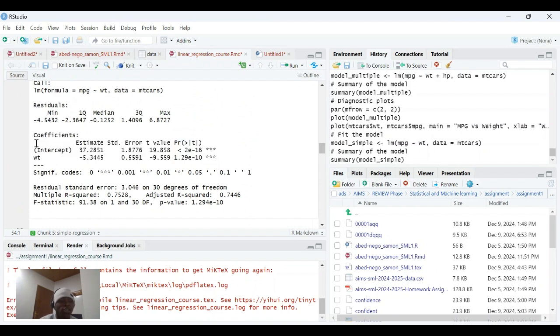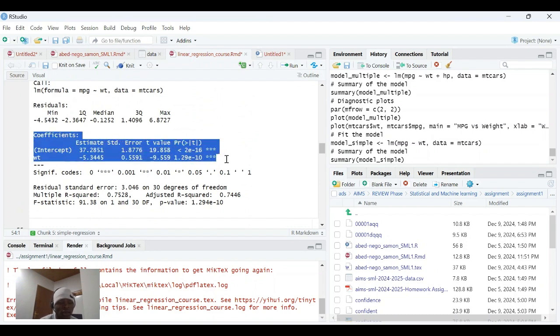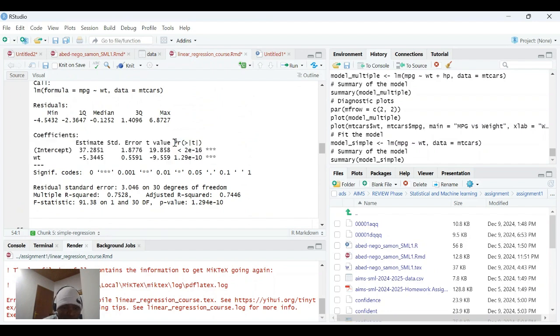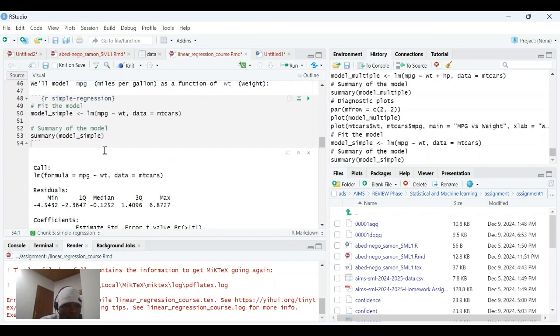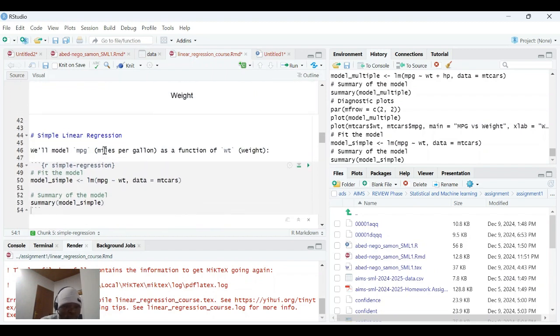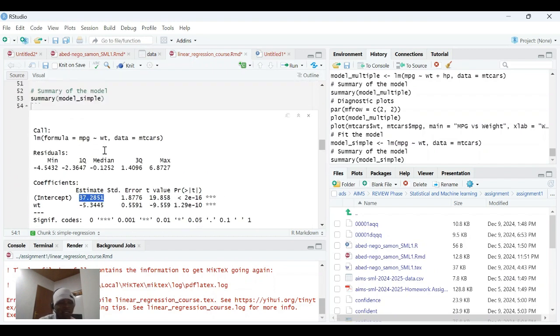Let's look at the estimate. You see 37.28. What does this mean? This coefficient means that when the weight is zero, when we have no weight, the value of MPG is 37.28.